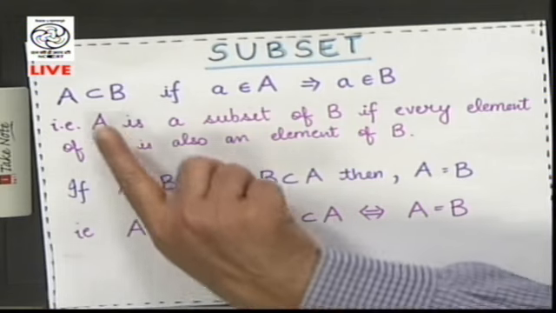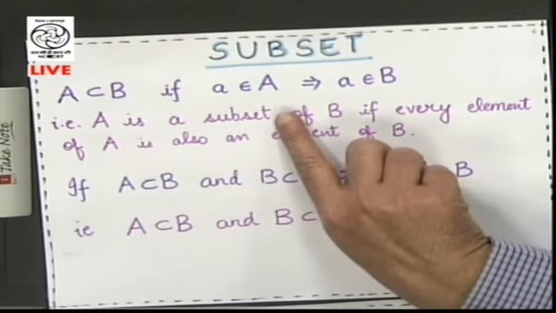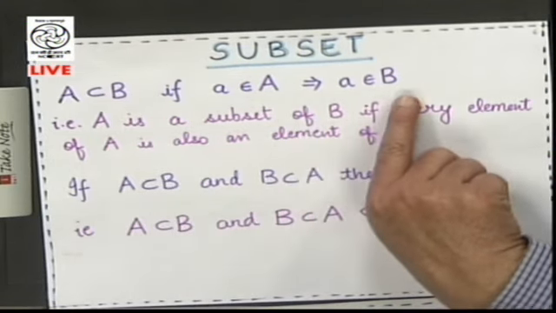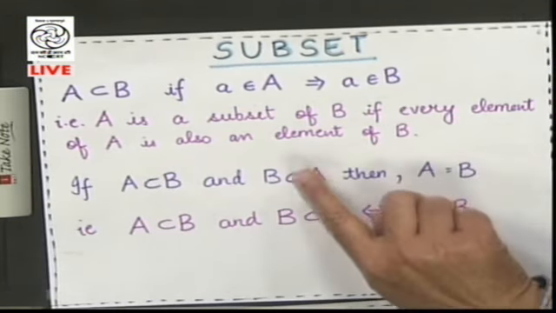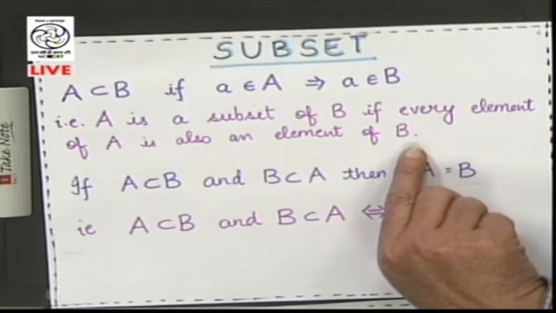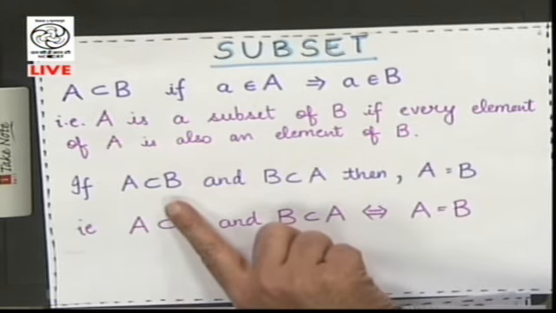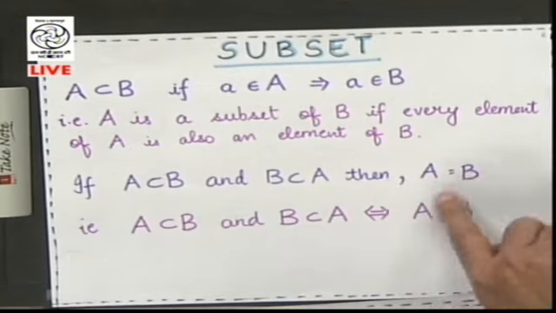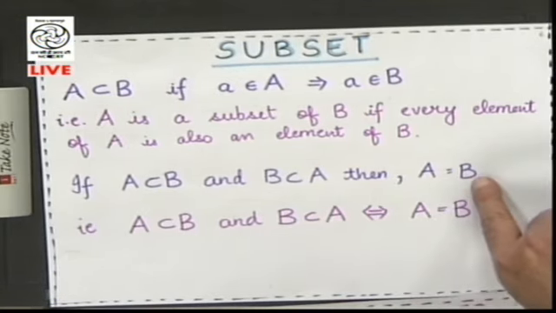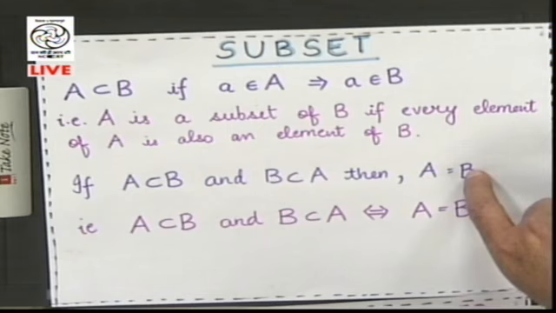Here we can define A is a subset of B if a belongs to A implies a belongs to B. That is, A is a subset of B, every element of A is also an element of B. If A is a subset of B and B is a subset of A, then we can write in this case A equal to B, or these two sets are equal.